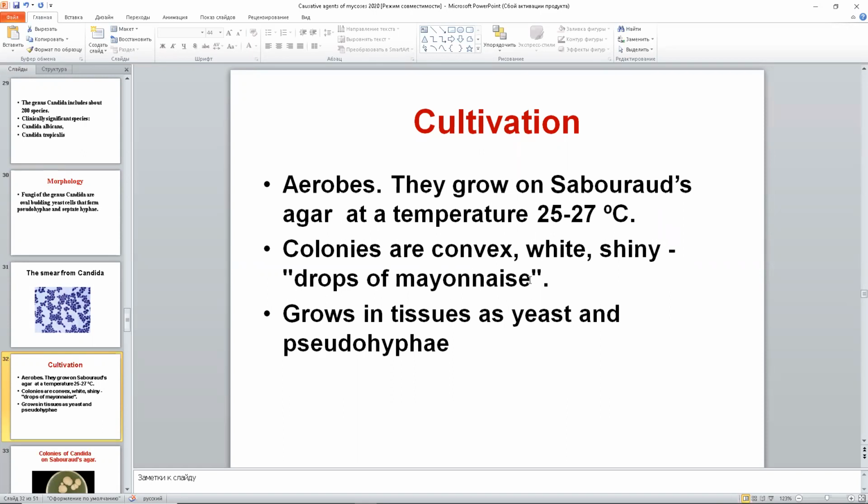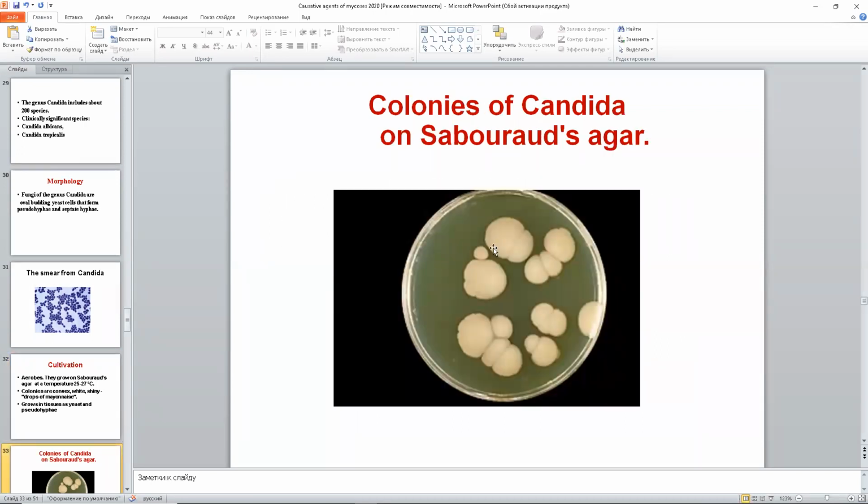S-type colonies, glistening, a little bit fatty, and they grow in tissues as yeast and are able to develop pseudohypha. In this photo, there are colonies of fungi of the Candida genus on Sabouraud agar. So S-type colonies; just molds develop R-type. So yeast-like fungi develop S-type colonies.